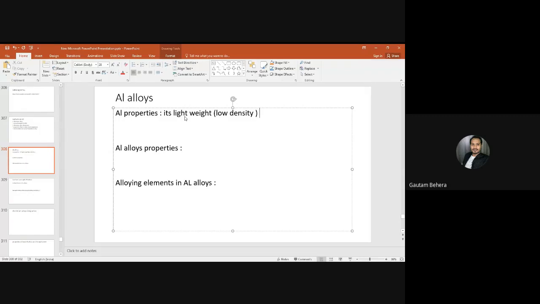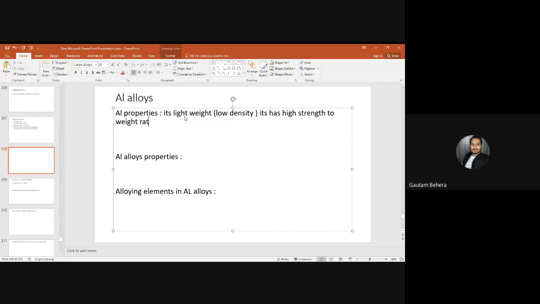It is having very low density. In other words, if you compare aluminum with steel, you can simply say it has a high strength to weight ratio. The weight is less, but strength is high. It is very interesting, right?